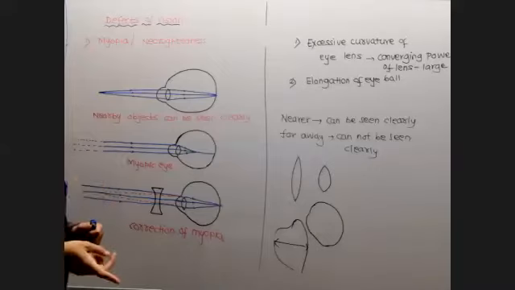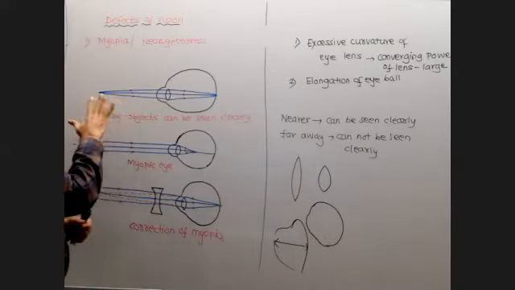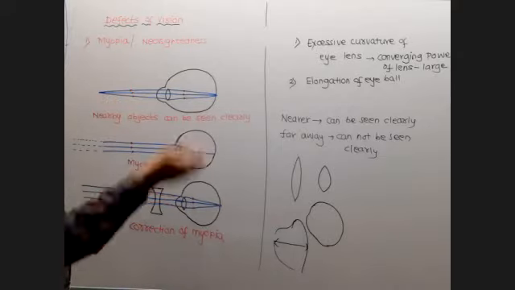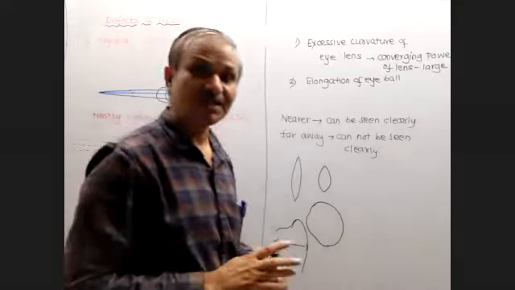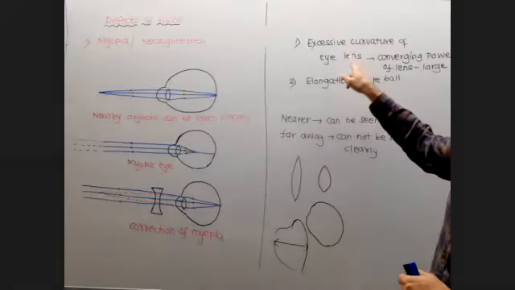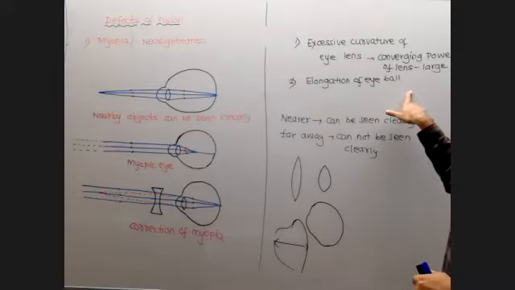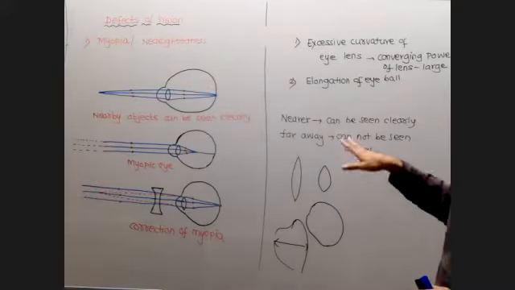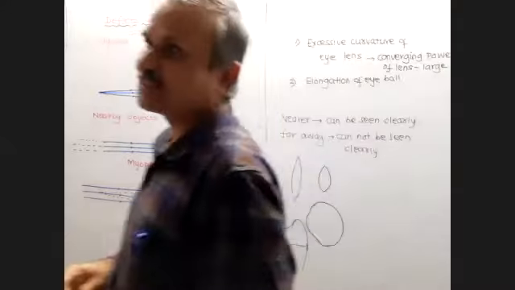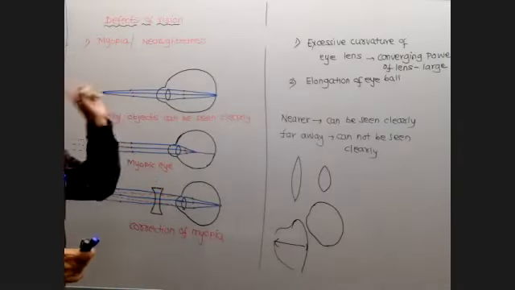What is the other meaning? They are able to see nearby objects clearly, but objects which are far away are not seen clearly. What are the reasons for this? Either excessive curvature of the eye lens or elongation of the eyeball. Far away objects cannot be seen clearly because they fall before the retina. This is regarding myopia.